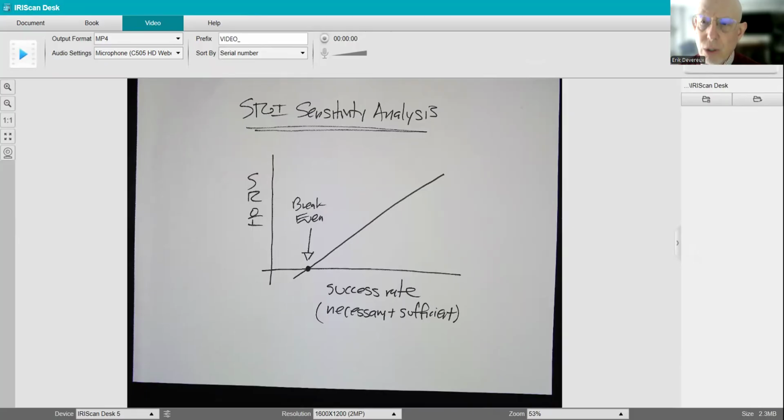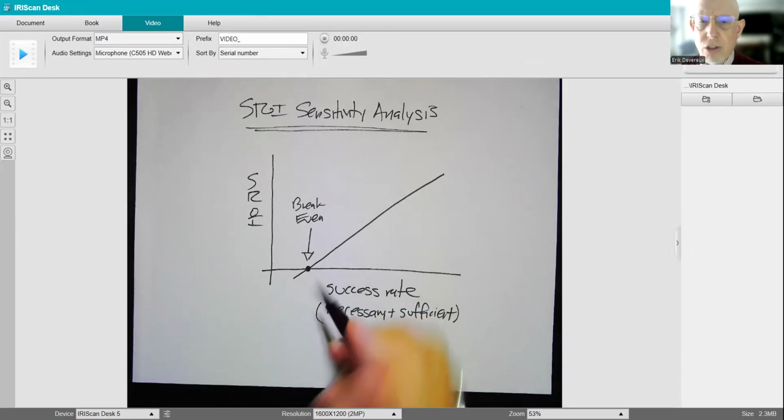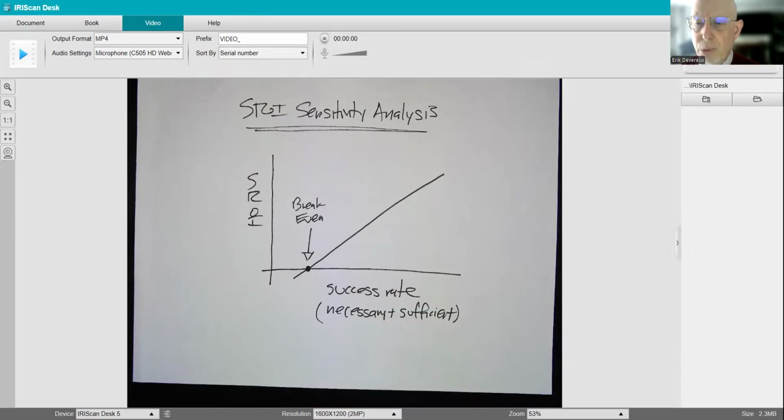In my own consulting work, I've had to do this at times for a variety of reasons. You can say to your client, as long as we're above this success rate, we're good. Or as long as we keep the cost of the program per person below this level, we are showing net benefits. And that's an incredibly helpful input into the decision-making process.